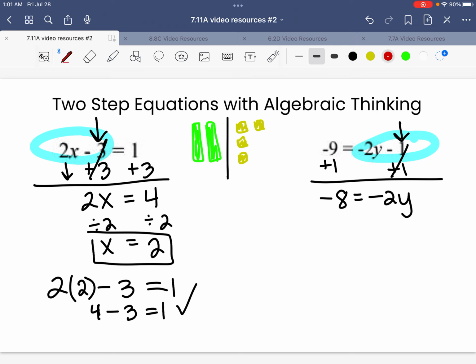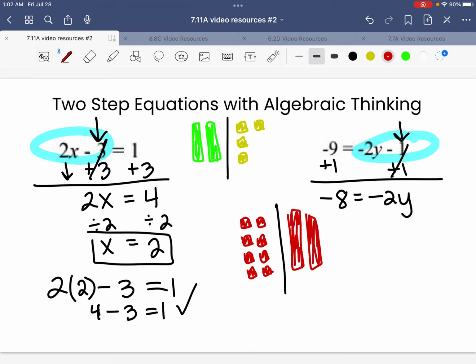And if we think of how this would have been modeled with our tiles, we would have 8 negatives equal to 2 negative y's, since that's the variable we're solving for.